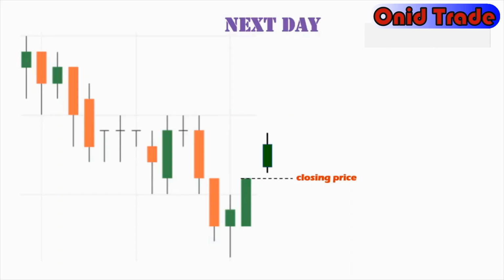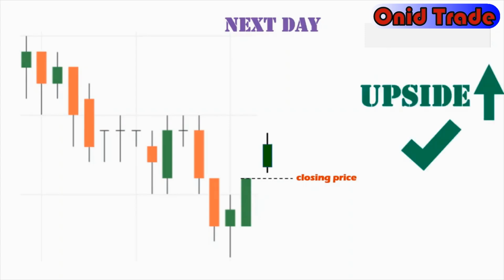The candle may form above the closing price, or the next day's candle may form below the closing price. If it is formed above the closing price, we can doubly confirm that the trend is going to move in the upside direction, so we will place a trade. Or if the next day the candlestick opens below the closing price, we do not place any trade.